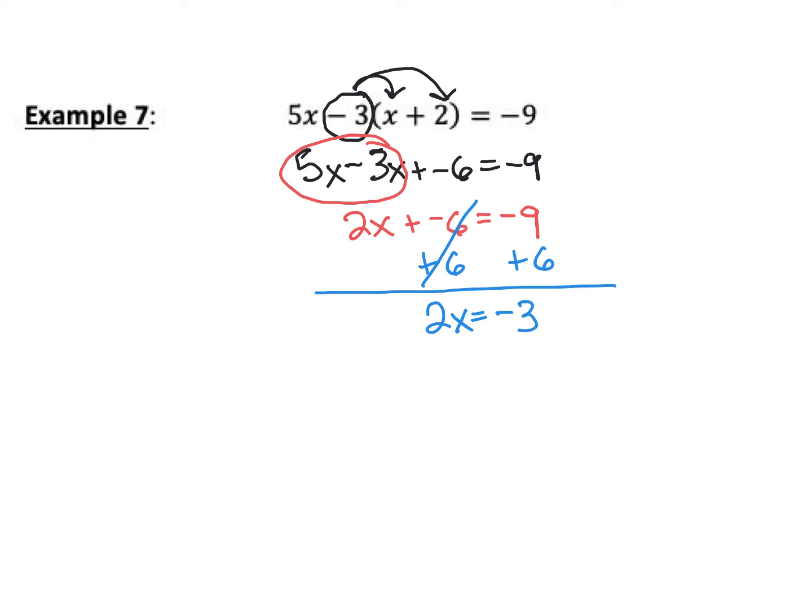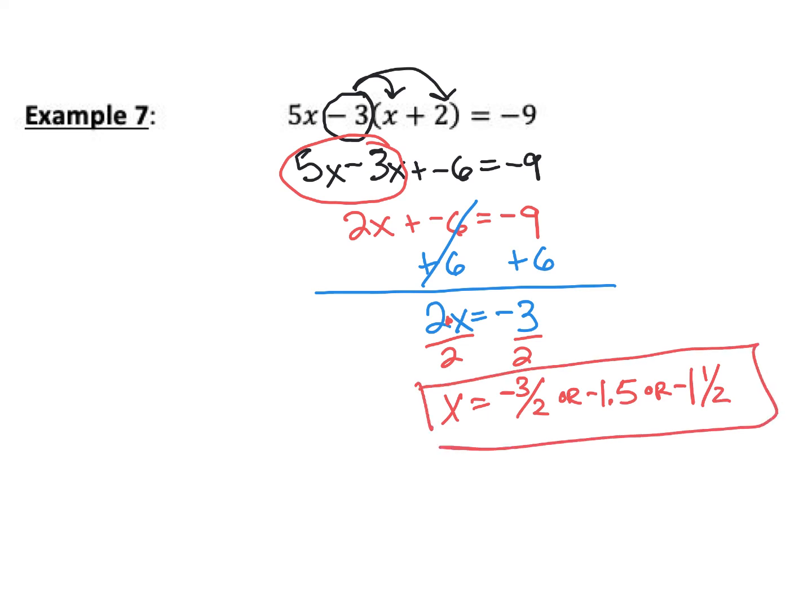And then 2 and x are multiplying, so we are going to divide. So then our x is going to equal negative 3 over 2. We can also write it as negative 1.5. We can also write it as negative 1 and 1/2. So this is 3 different representations of what the answer is, but all of them are correct.